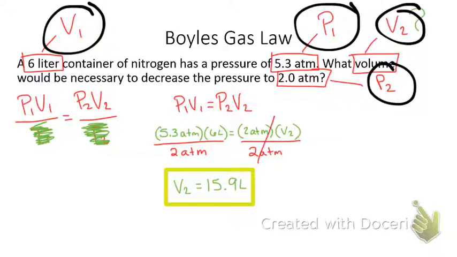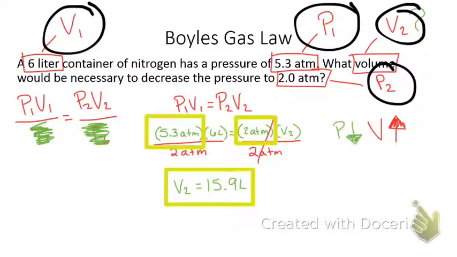Another quick way that you can check your answer is to really think about Boyle's Gas Law and that inverse relationship. Look at your pressure. My pressure started at 5.3 and it ended at 2. So my pressure went down. According to Boyle's Gas Law, we know that volume should go up.